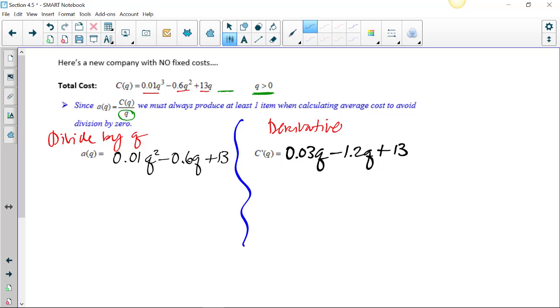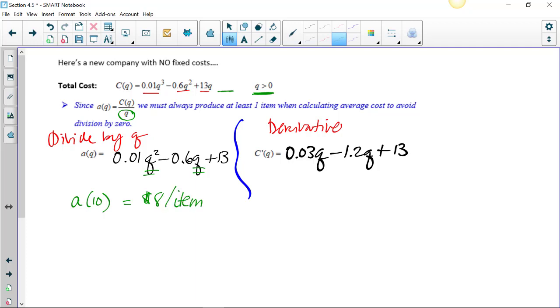So let's look at some numbers here to get an idea of how we're going to come up with a way of minimizing our average cost. What if I say I'm going to produce 10 items? My average cost per item, I'm plugging 10 into my average cost function, which gives me $8 per item.